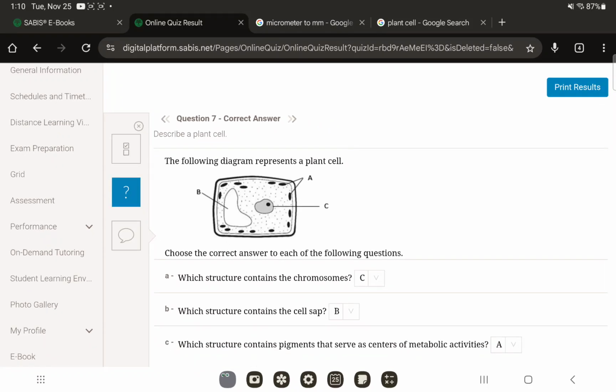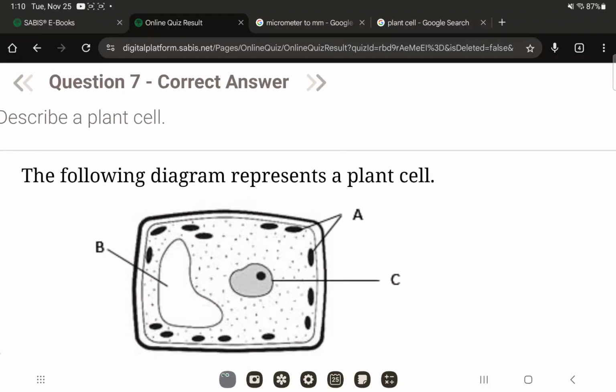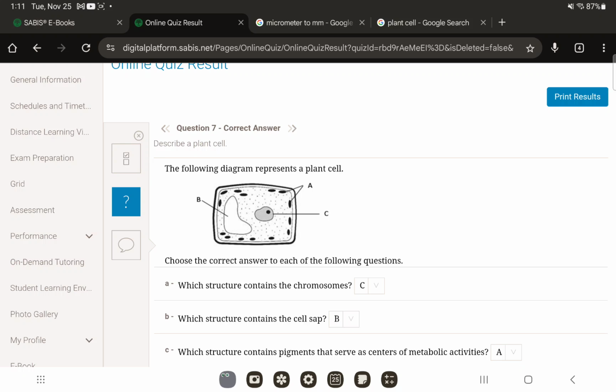Next, which structure contains the cell sap? The vacuole in a plant cell always contains the sap, and the vacuole is generally the largest one, or the one that takes up the most amount of space, because it stores all of the things that the plant needs to have inside of it.